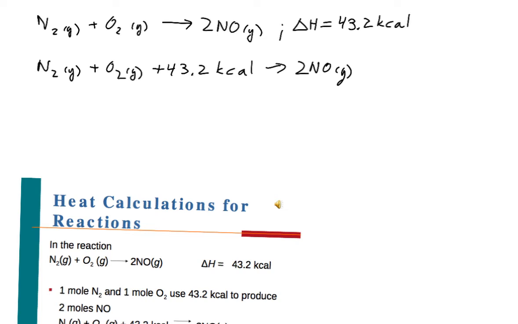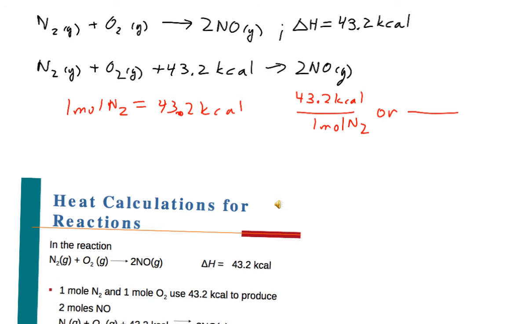For example, from this chemical reaction, I know that 1 mole of nitrogen is equal to 43.2 kilocalories. And knowing that, I can go from either energy to moles or moles to energy, right? I have 2 different conversion factors. It gives me the relationship between oxygen and energy.